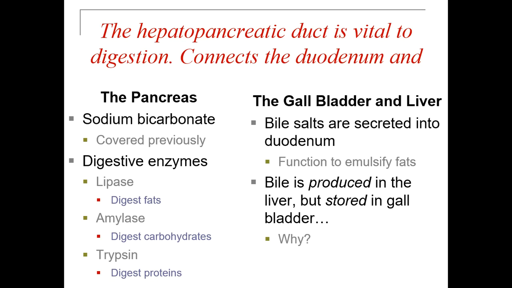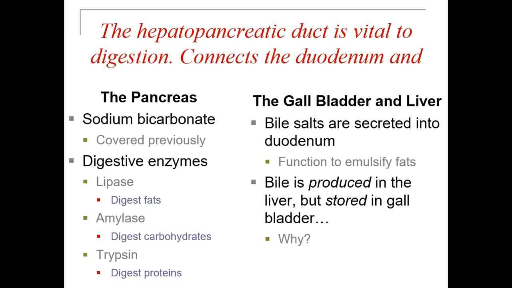As the food breaks down, which begins with mechanical digestion in the mouth, we increase the surface area of the food, and more enzymes can come into contact with it.